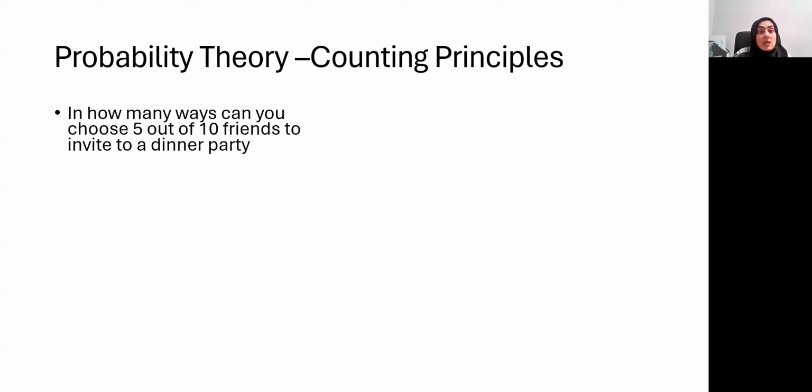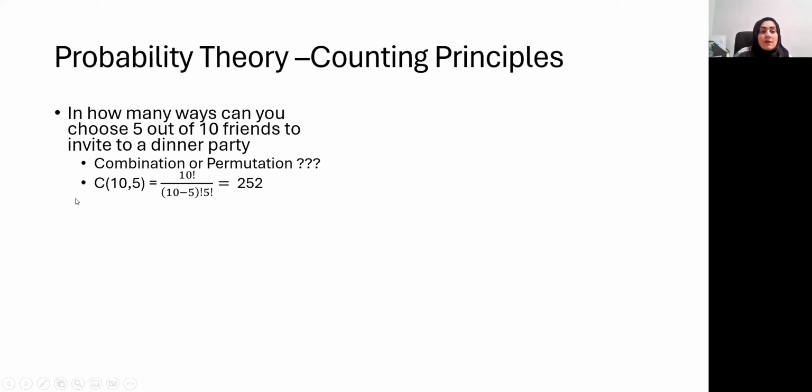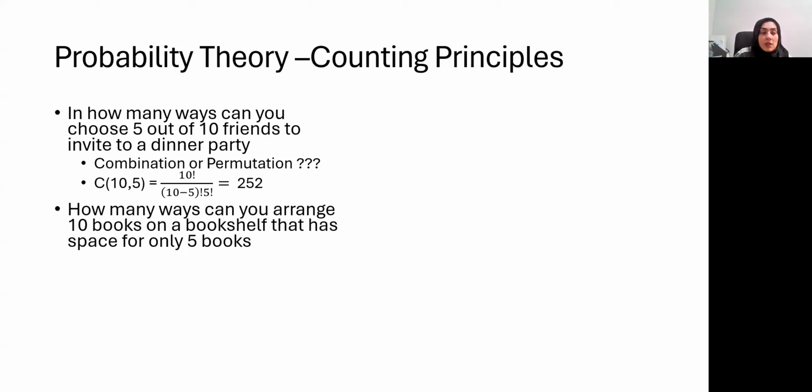Since the composition is important and not the order, it's going to be a combination. We have to choose 5 items from 10, we use this expression, and we get 252 different ways that you can invite your friends to this party. So 252 different compositions for your dinner party.